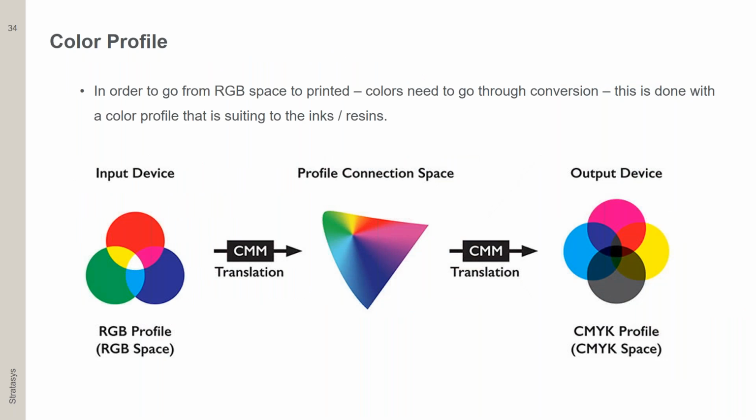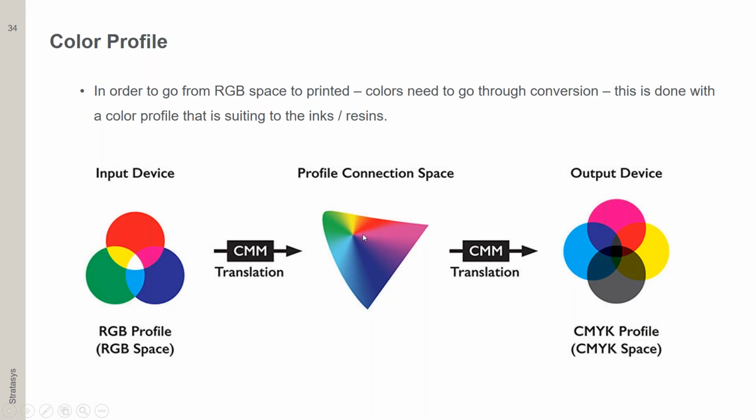So in order to go from the RGB color space to the printer, to the 3D printer or the 2D printer, color needs to go through conversion. This is done with a color profile that is suiting to the inks, in our case, to the resin. Input device is CMYK.